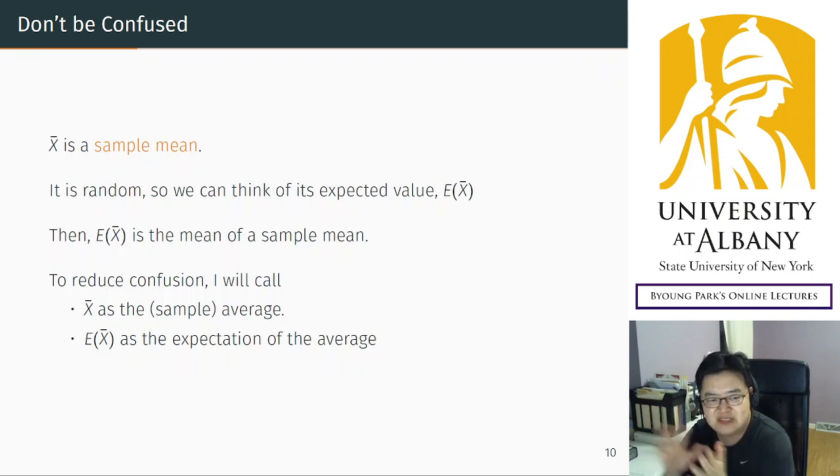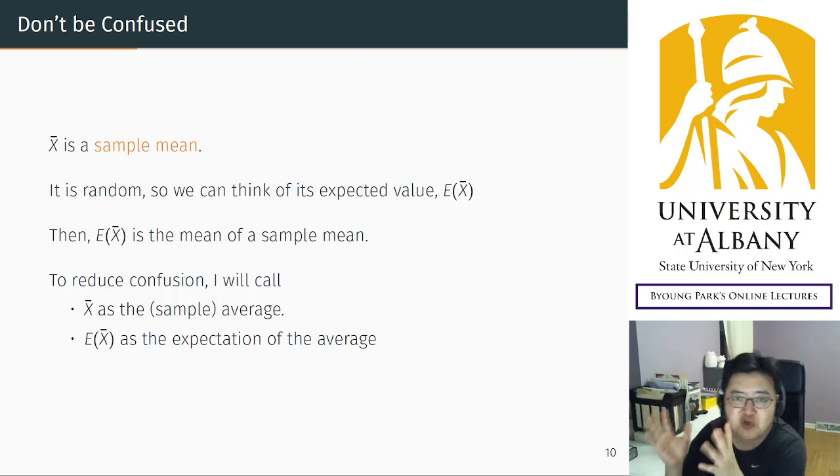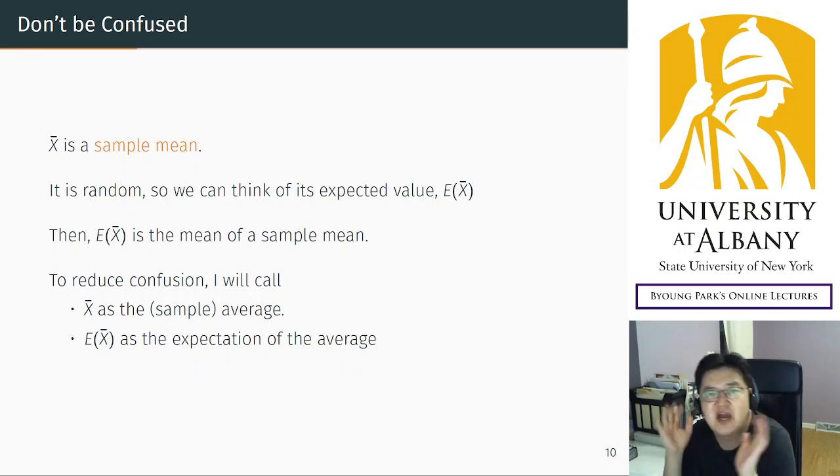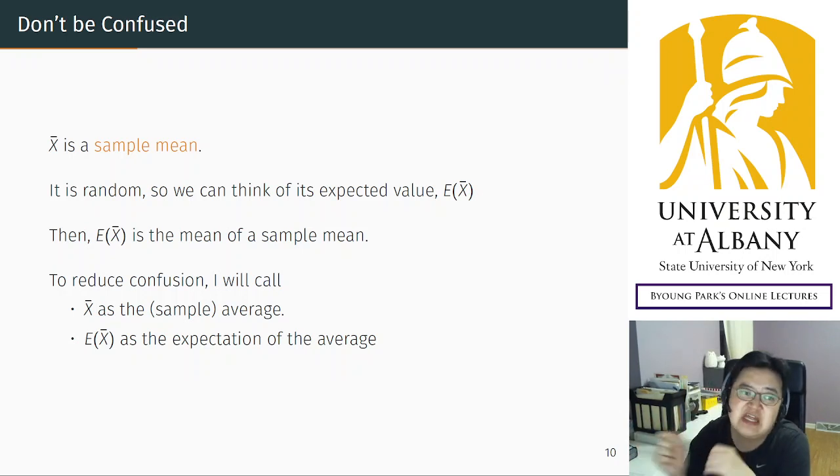Roughly speaking, the sample mean is calculated from a finite number of observations, so it is random. However, the population mean is calculated from an infinite number of observations, which is unknown. You cannot get there; it's just a hypothetical and theoretical object. But that is the true mean, right?